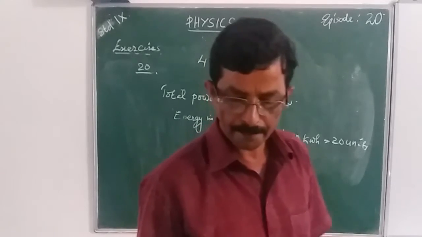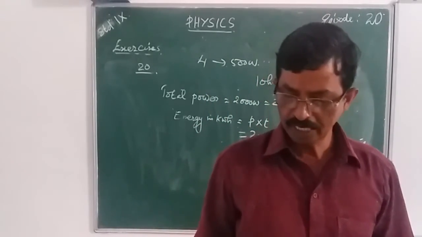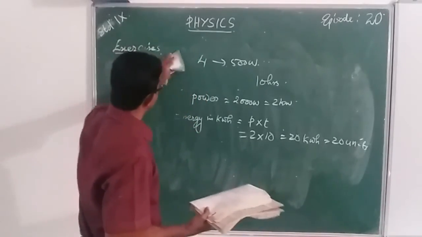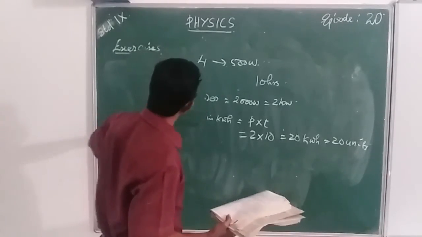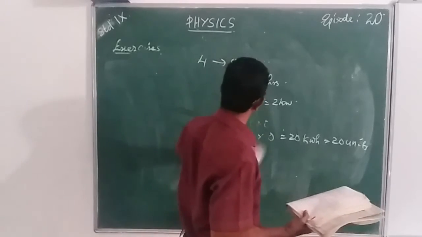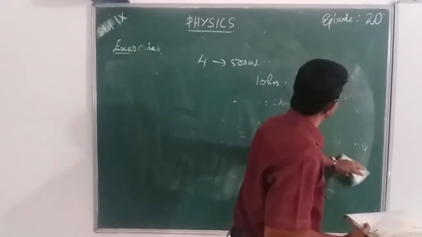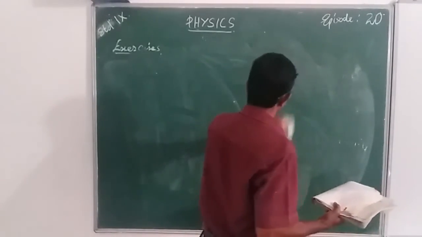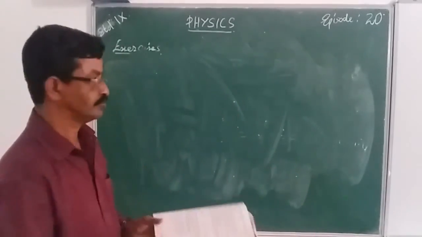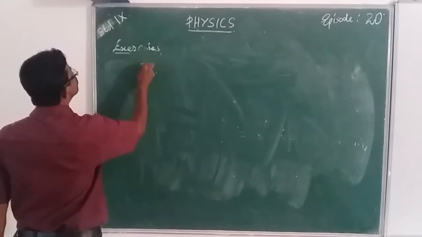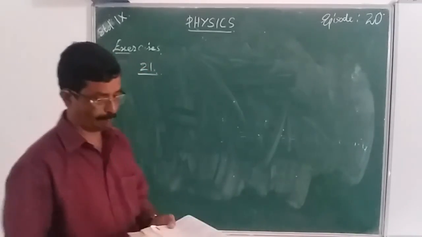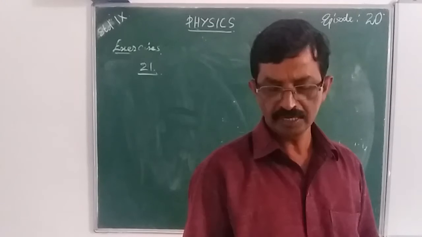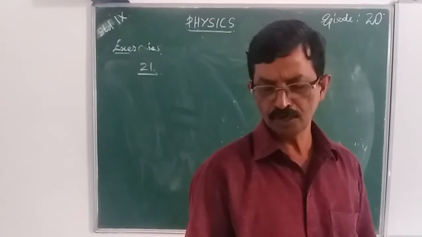Now see question number 21, that one. A freely falling object eventually stops on reaching the ground.